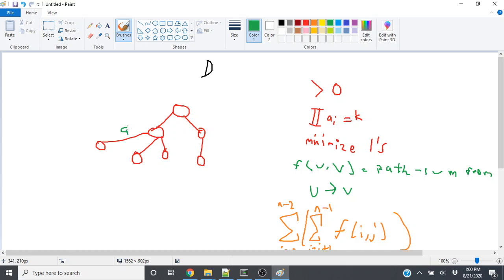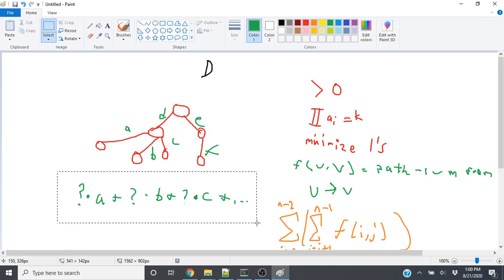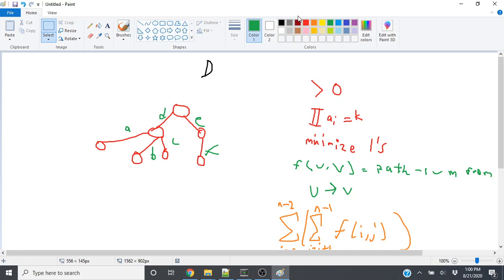So for example, let's say this edge is A, this edge is B, this edge is C, D, E, and F. We're going to count the number of times A is counted, plus the number of times B is counted, plus the number of times C is counted, etc. Now this is convenient because we can easily find out how many times each edge is counted.